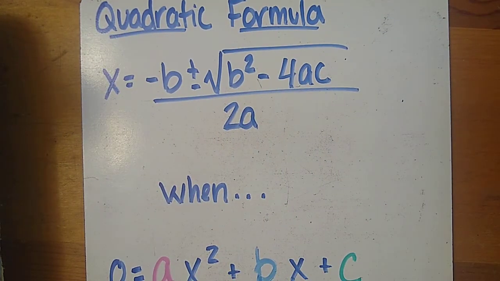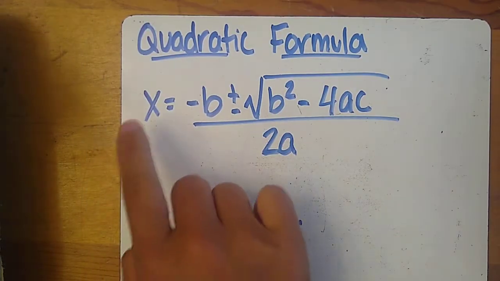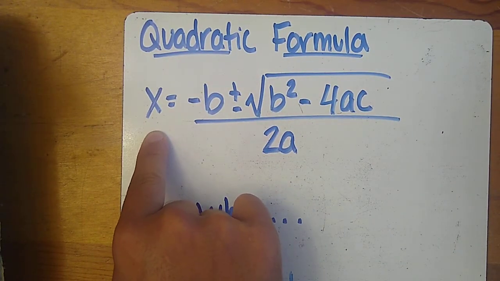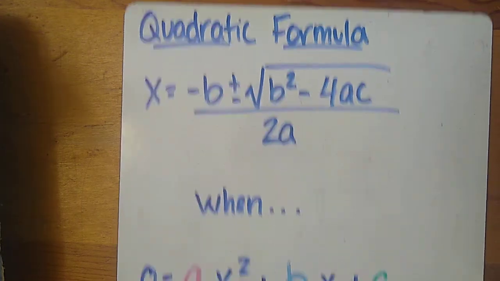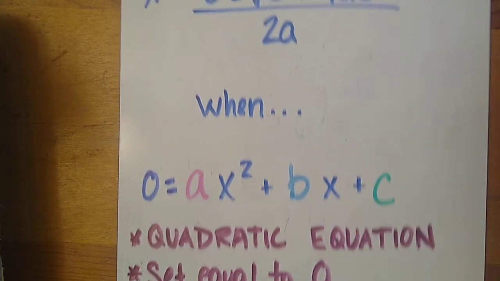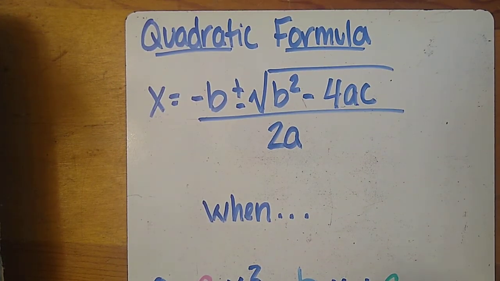We use the quadratic formula to solve for the value of x when the equation is set equal to 0. If you take your coefficients and constants and plug them into this formula, using substitution, you will be able to find the values of x.